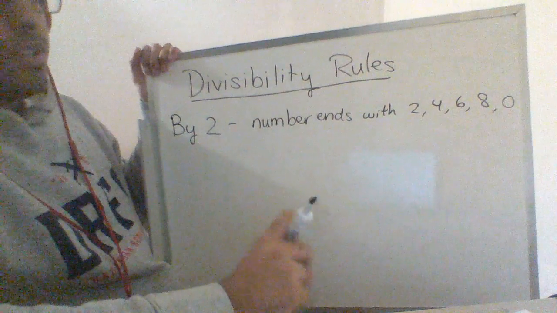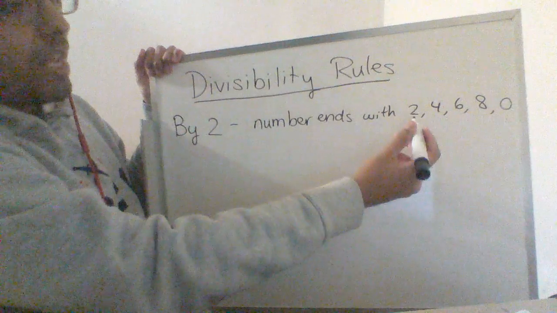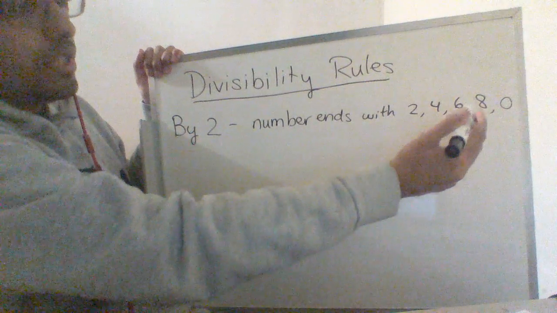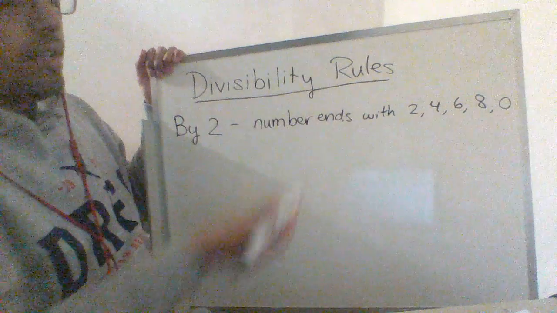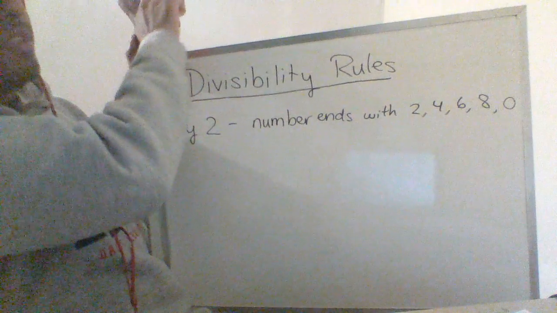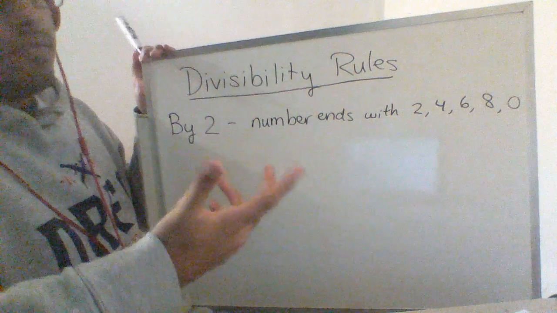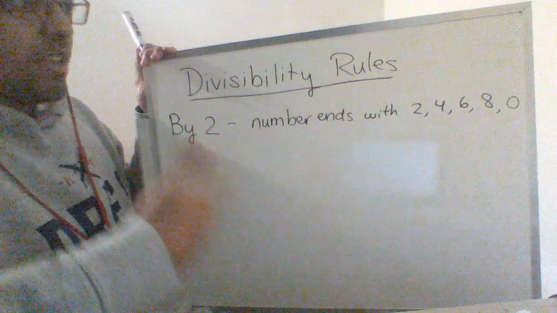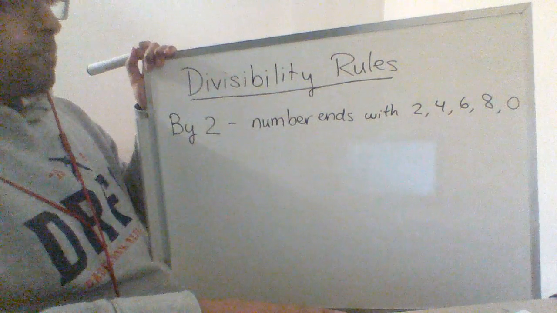So basically a number is divisible by 2 if it's an even number, and it's an even number if it ends with a 2, 4, 6, 8, or 0. So if you've got a whole number like 480, that ends with a 0, so it's going to be divisible by 2. But if you had like 357, because it ends with a 7, it's not going to be divisible by 2. So that's a fairly straightforward one.